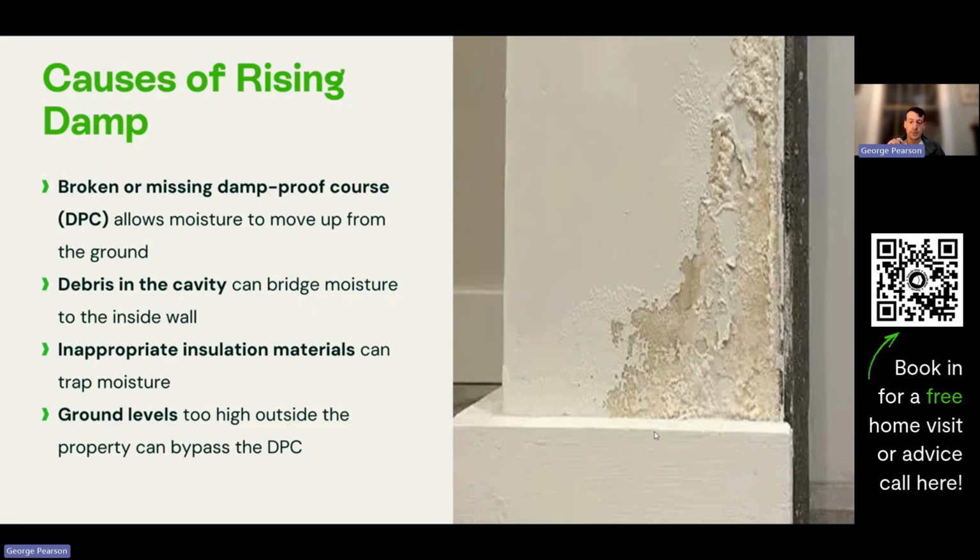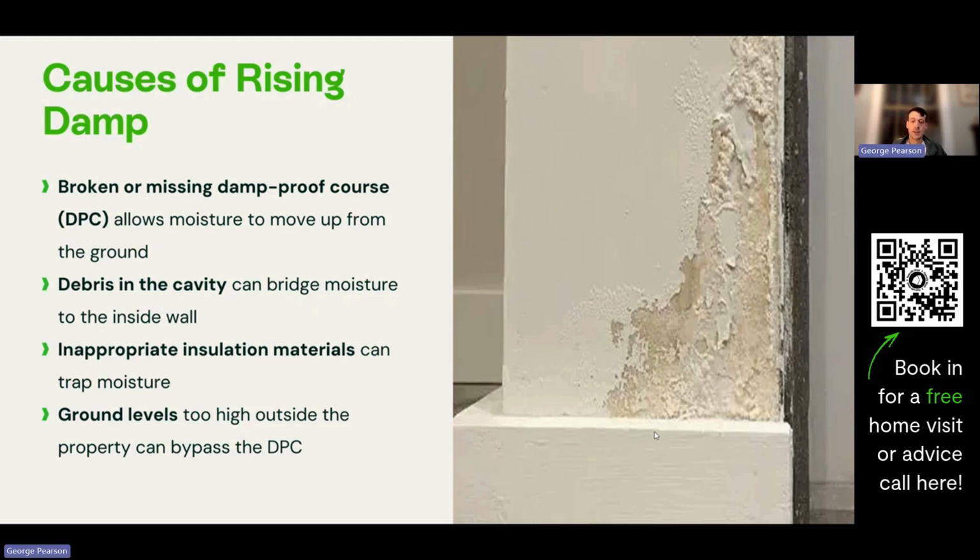Just as I said before, rising damp is cyclical. It worsens during prolonged wet weather periods, and it can improve in drier weather. It can be mitigated with improved drainage around the property and better airflow beneath the subfloor if it's suspended. Or you can consider introducing a DPC in some instances.